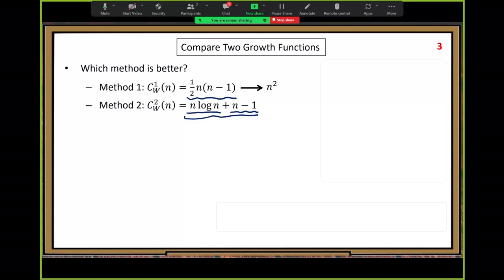Can you see quickly what the growth function of the second one, method 2, is? That's n log n.